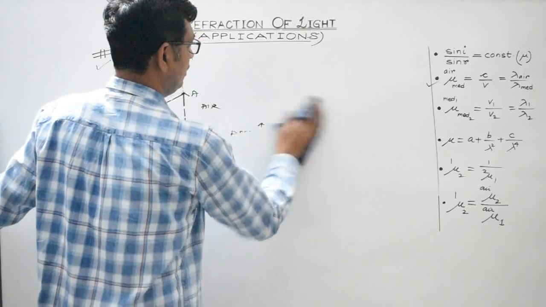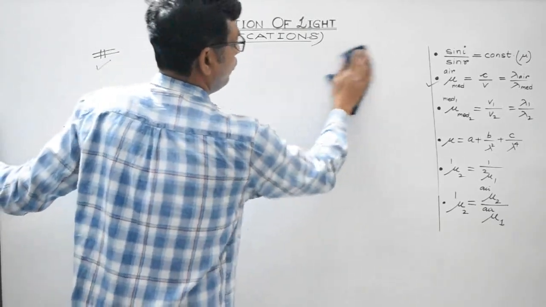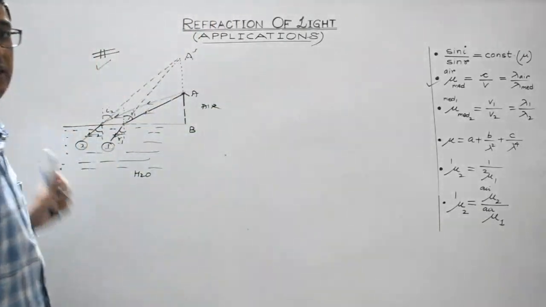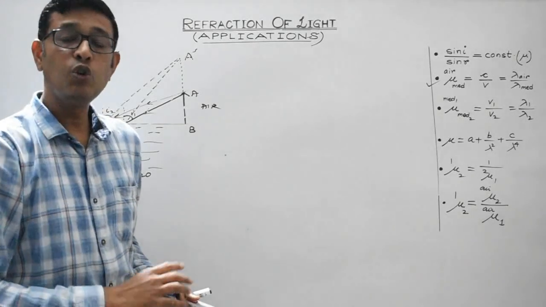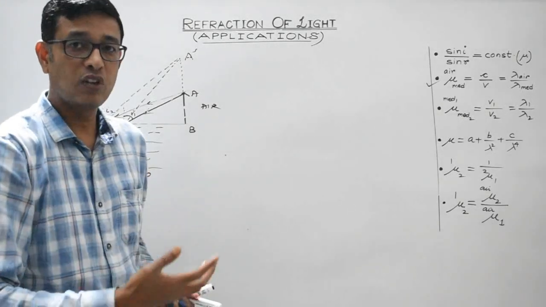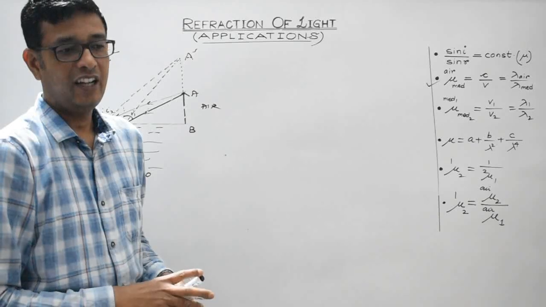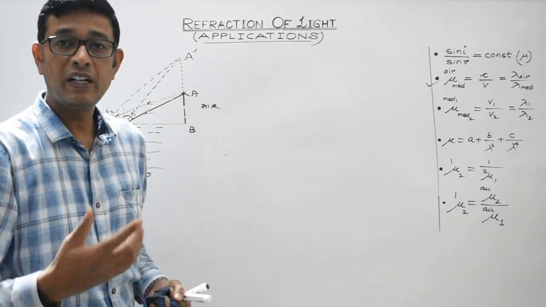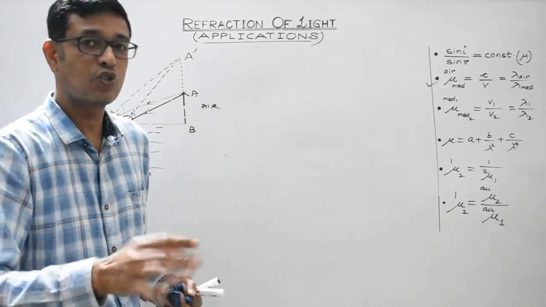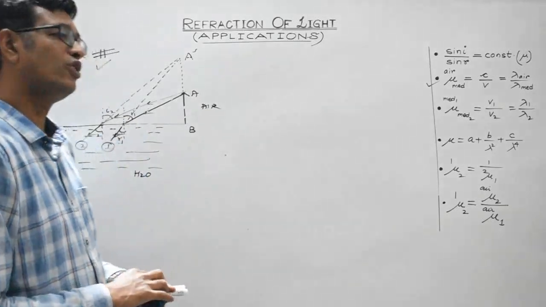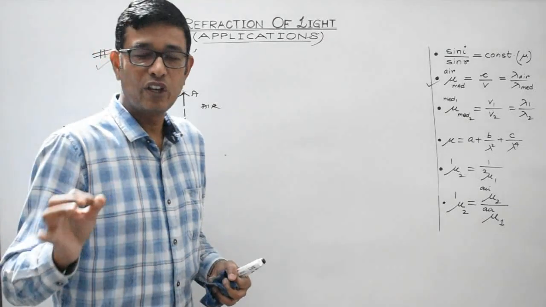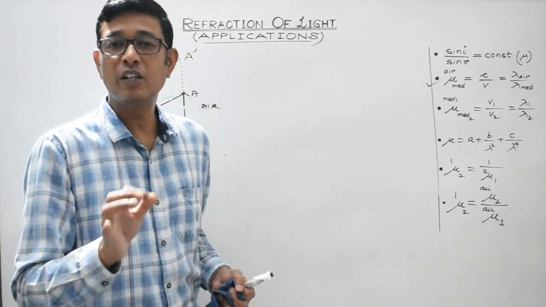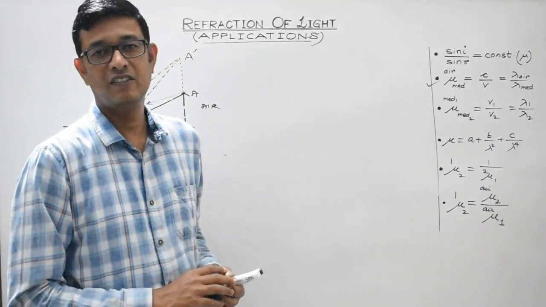Look students, we are able to see the sun 2 minutes before it actually rises, and we can see the sun for 2 minutes even after the actual sunset. What I mean to say is that the total duration of the day gets increased by a total of 4 minutes.